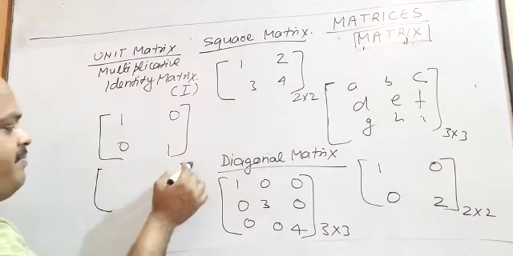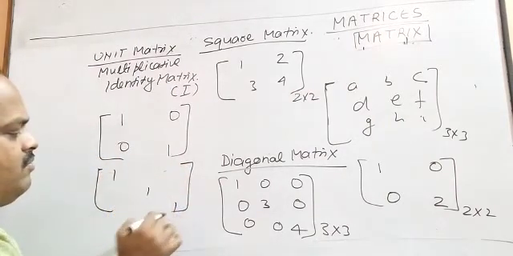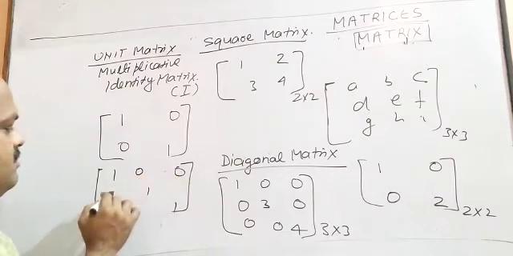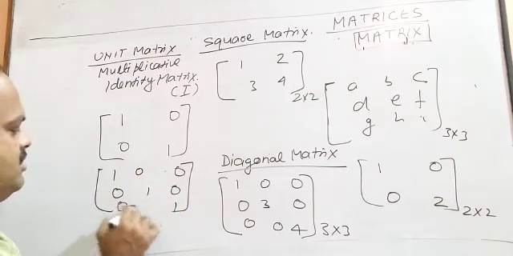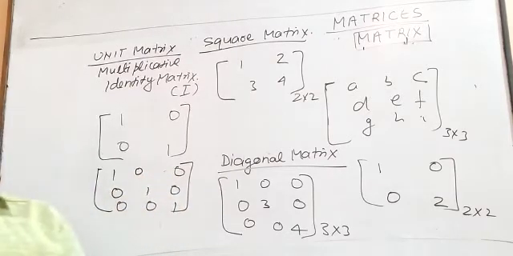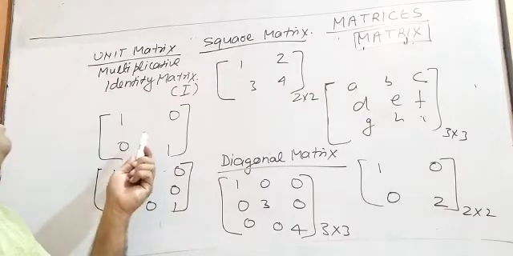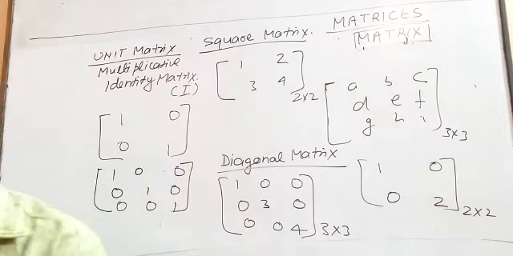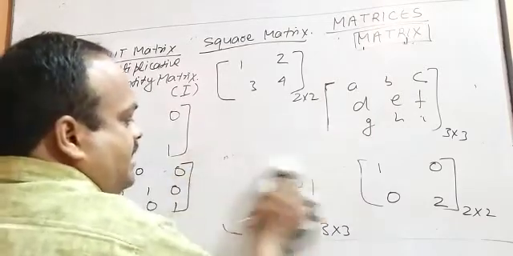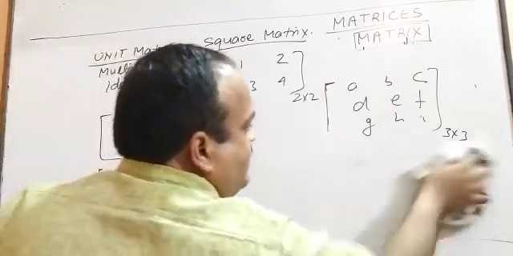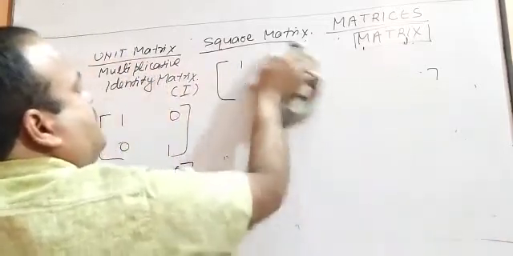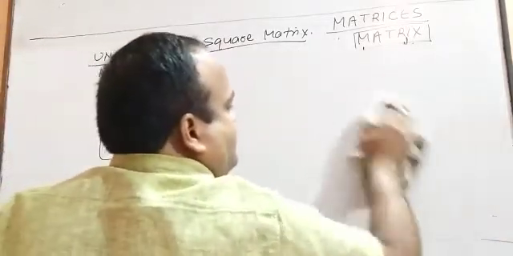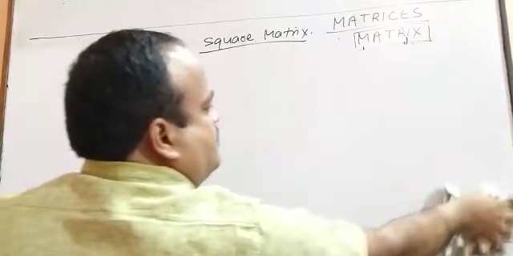Another example: 1, 1, 1, 0, 0, 0, 0, 0, 0. So a unit matrix is a matrix in which on the leading diagonal, or principal diagonal, we have its elements as 1, 1 and all others 0.